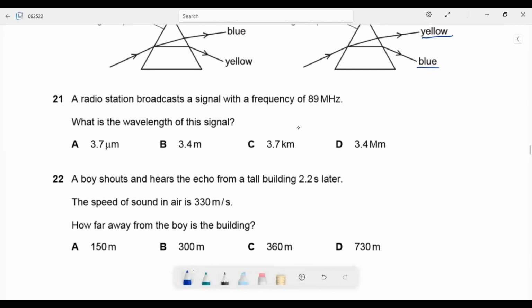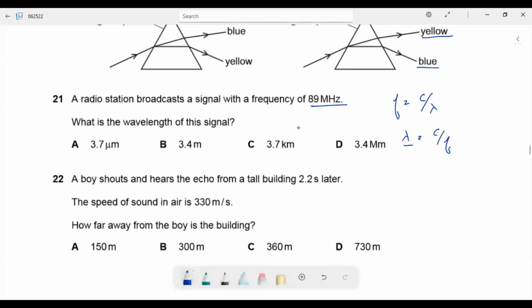A radio station broadcasts a signal with a frequency of 89 megahertz. What is the wavelength of this signal? So f is equal to c by lambda, or lambda is equal to c by f.